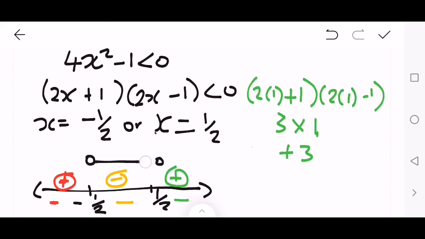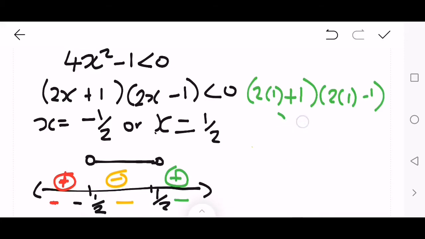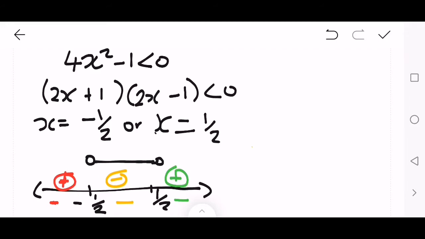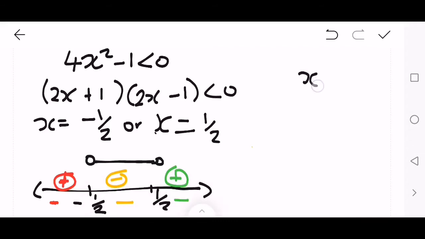So our solution would be there, and a different way of representing it would be x is greater than minus 1 over 2 but less than 1 over 2.